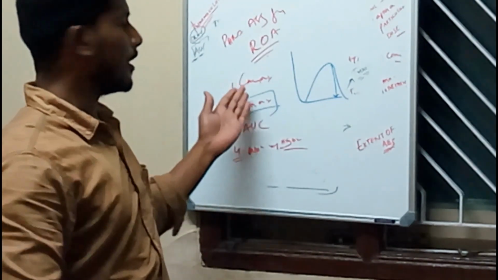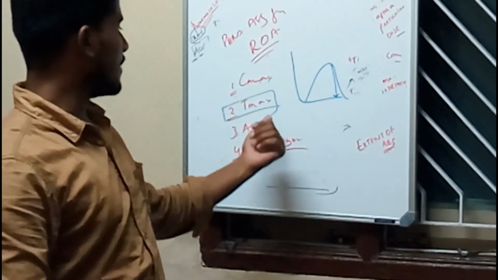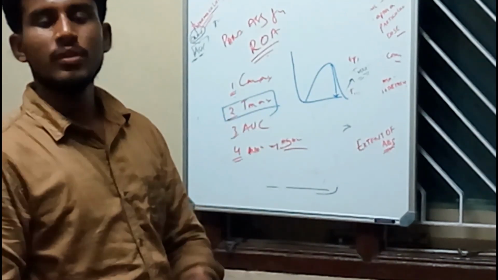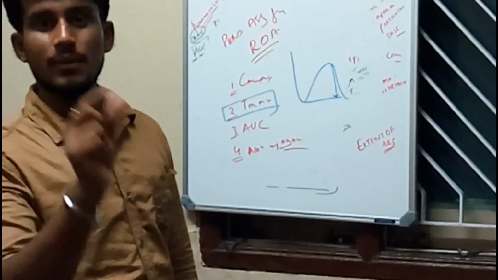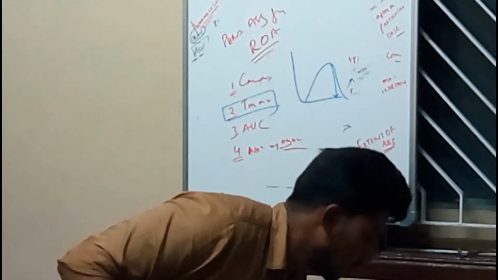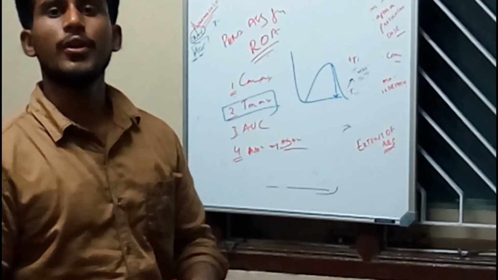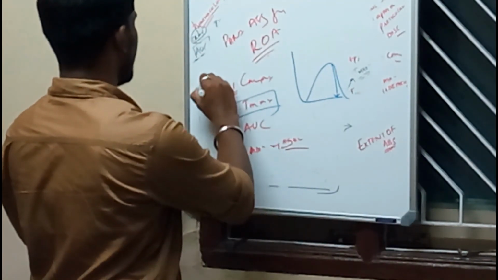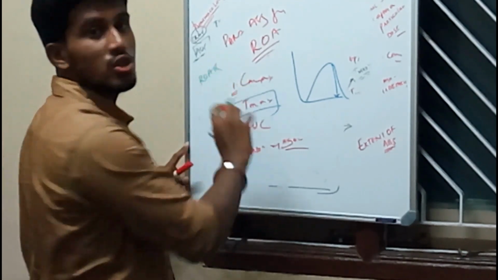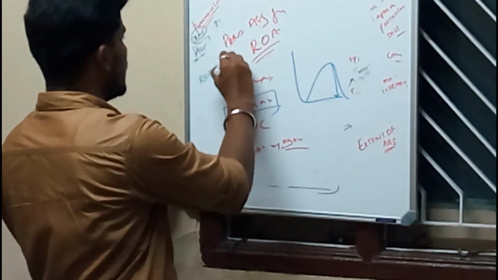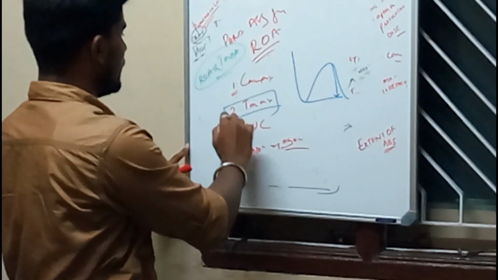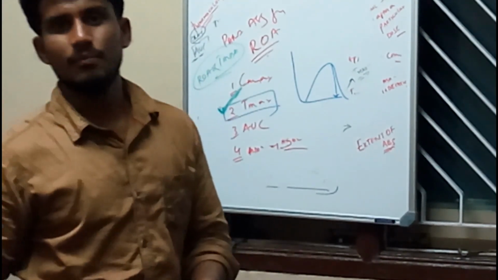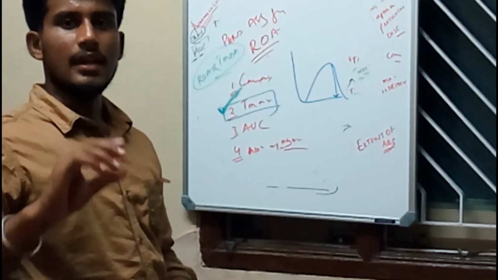If they give the options Cmax, Tmax, AUC, or none of the above, always think that the rate of absorption is directly proportional to the Tmax. We need not see anything else, we should tick it. Tmax is the ultimate answer.